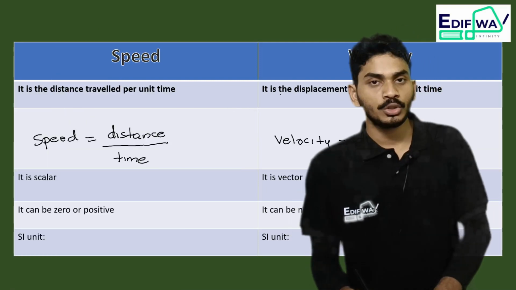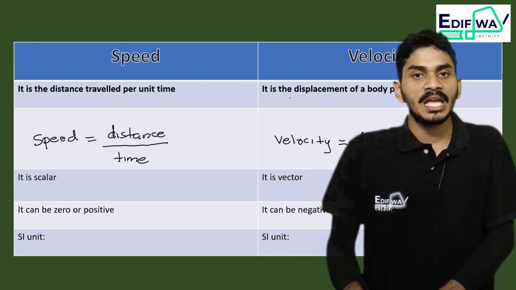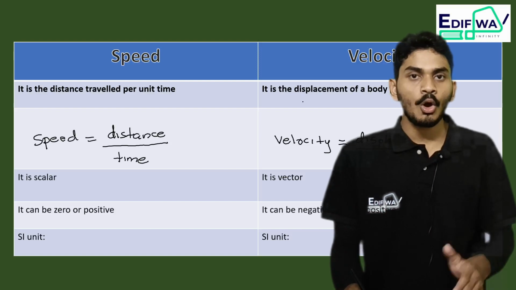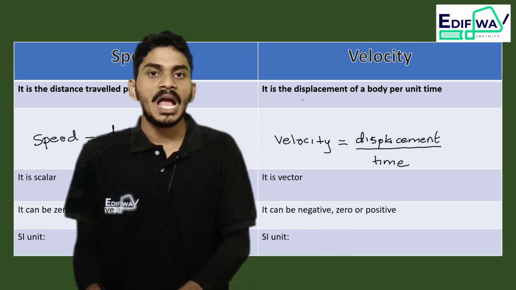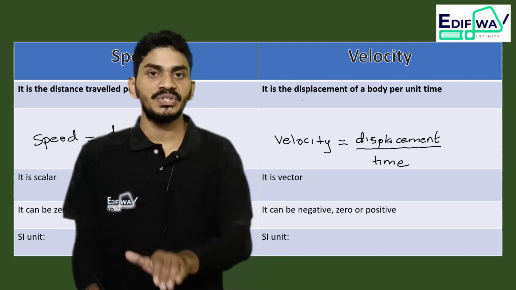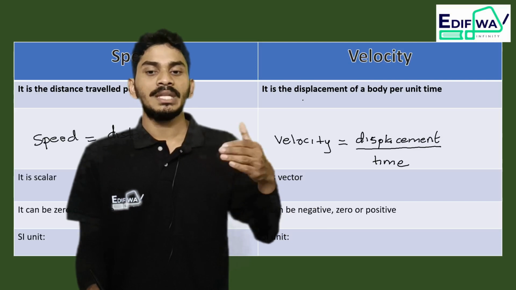Now you know that speed is a scalar quantity and velocity is a vector quantity. Then speed can be 0 or positive, and velocity can be negative, 0 or positive. When the displacement is negative, the velocity is also negative.